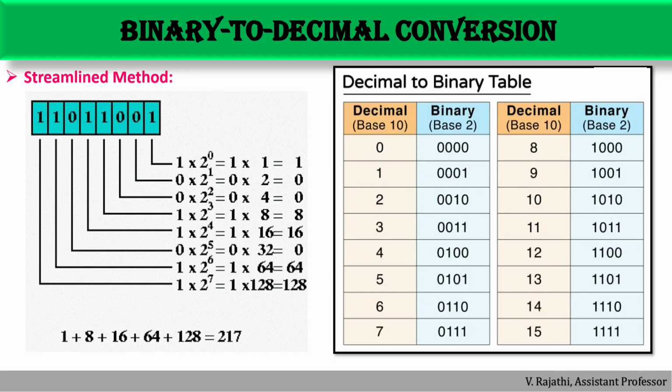This is the way we can calculate binary to decimal conversion. This table indicates binary to decimal, with the corresponding binary value present in the table for each number.